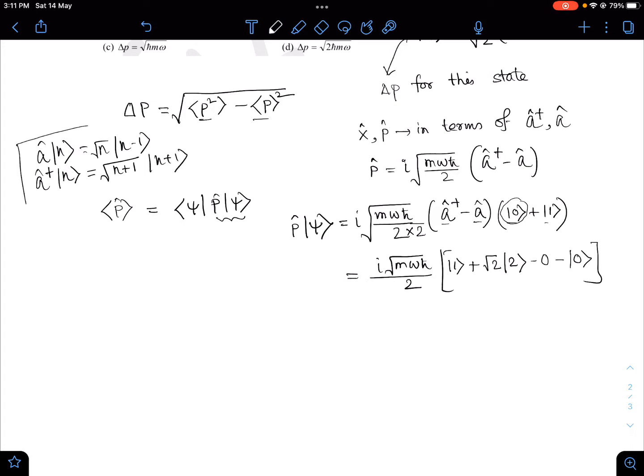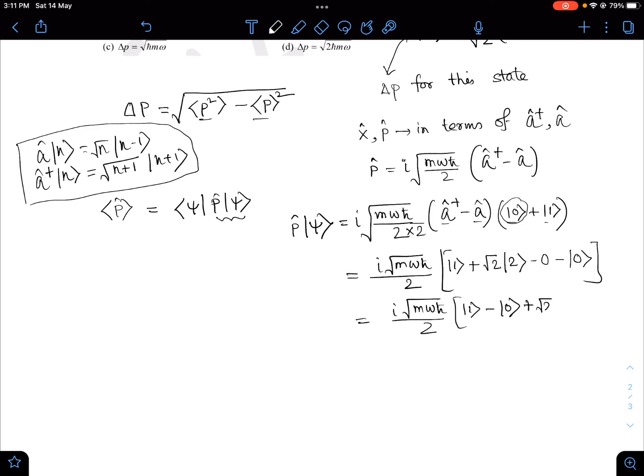So these are the two formulas that we have used here. From this we will get i root(m omega h cut by 2), we will have |1> minus 0 plus root 2 times |2>.